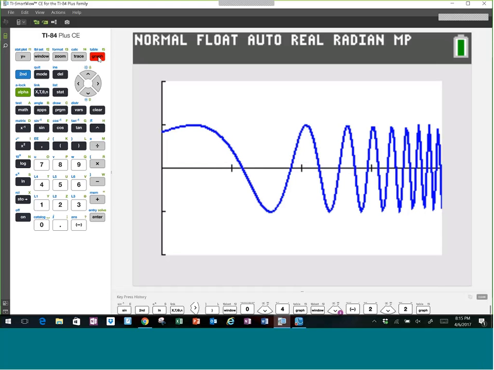Now, for a question like this, what would we be looking for? Remember that this is the graph of the derivative, and we're looking for the number of relative minima of the original function. At a relative minimum, the first derivative changes sign from negative to positive.